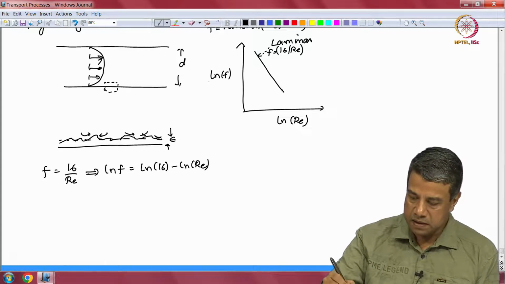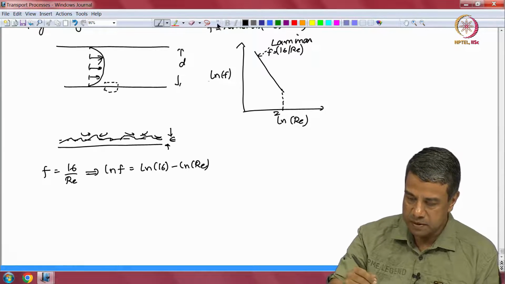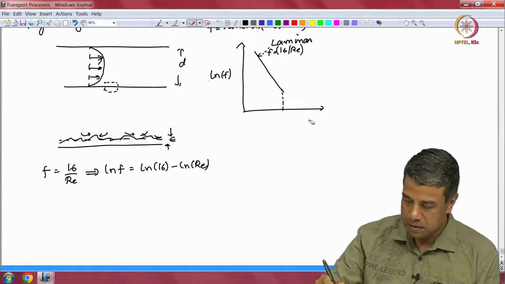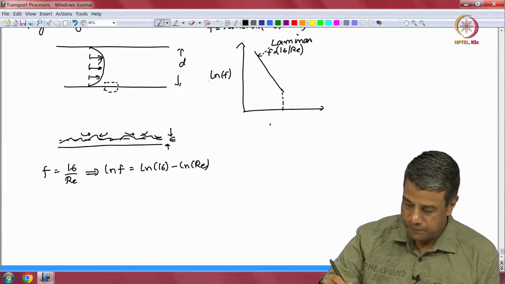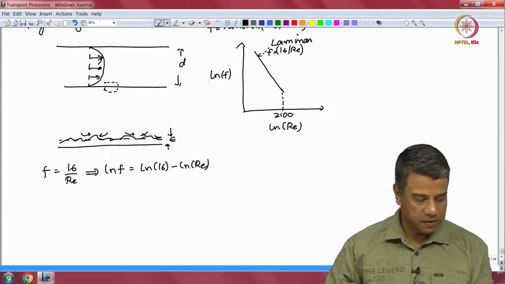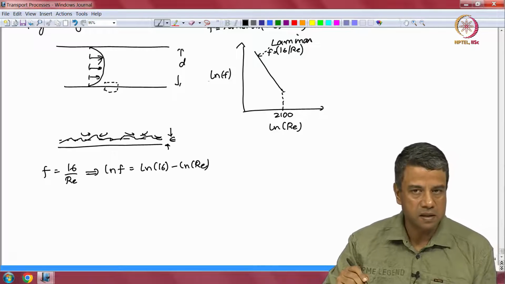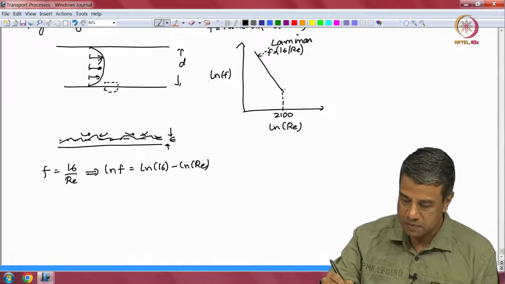And then there is this transition that takes place at a Reynolds number of approximately 2100. And you have a transition to a turbulent flow. It turns out there is a discontinuous change in the friction factor at this point.